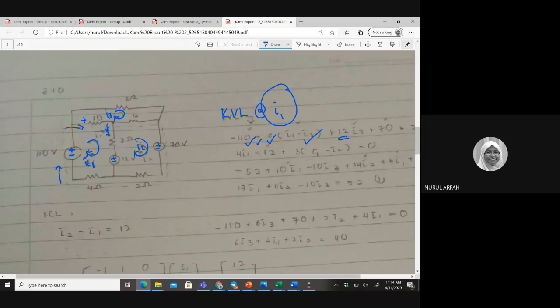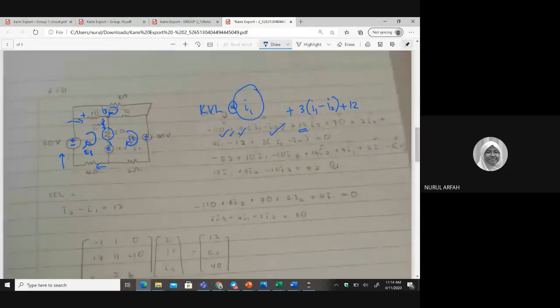Okay, tak apa. It's supposed to be plus 3. This one in the middle here. 3 shares in between loop I1 and I2. So 3 I1 minus I2. Okay. And then you have a plus sign here. And this one should be a plus 12 volt. And then you have a 4 here. A plus 4.